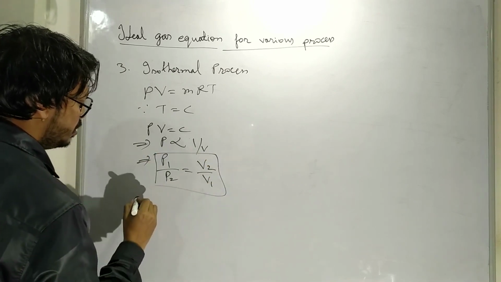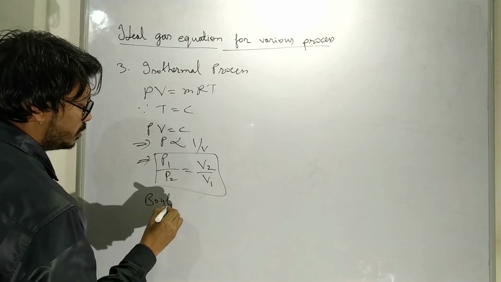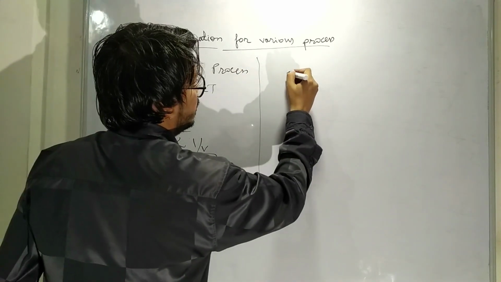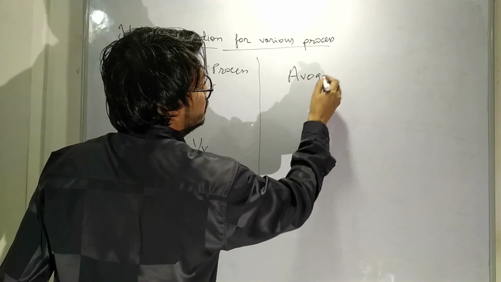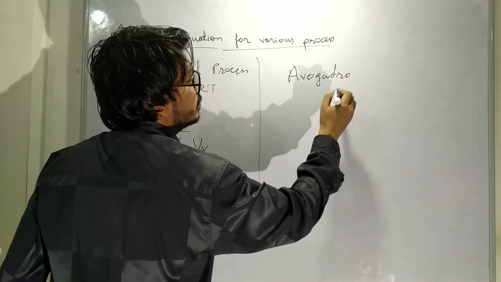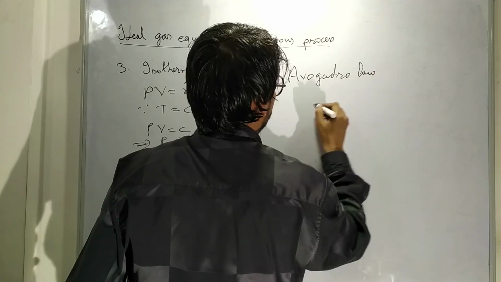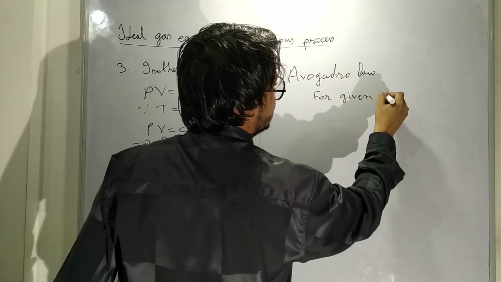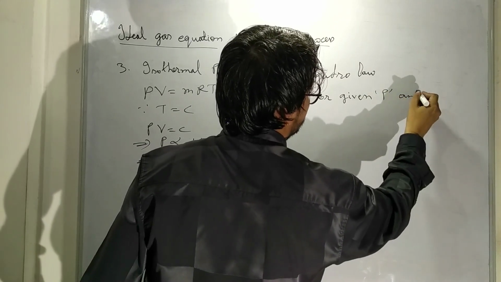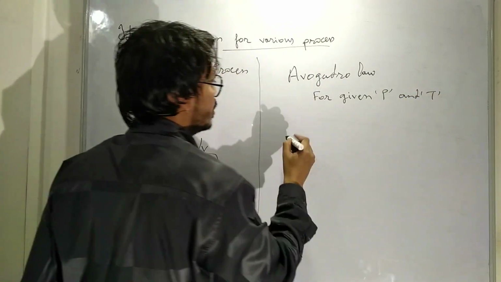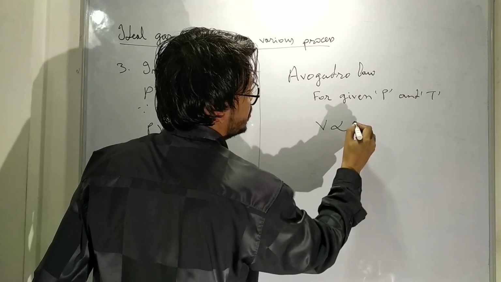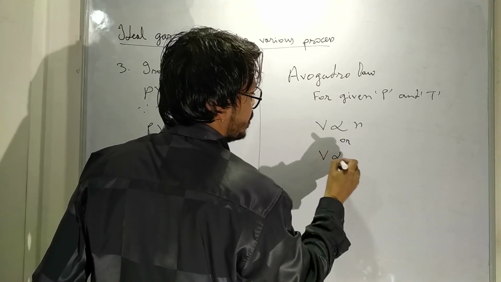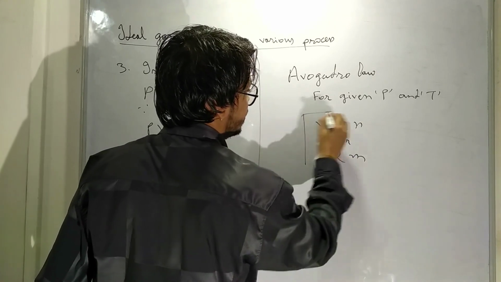This is Boyle's law. Now Avogadro law. For given pressure and temperature, V is directly proportional to n, where n is number of moles, or V is directly proportional to m, where m is the mass.